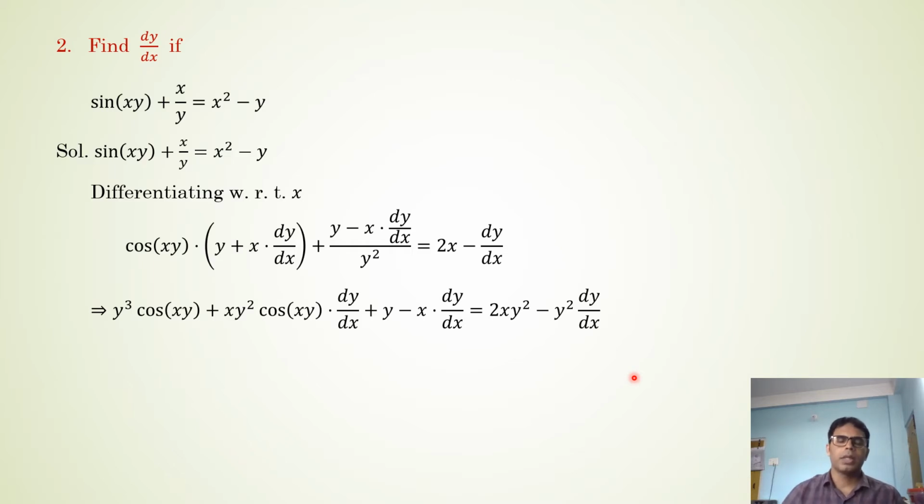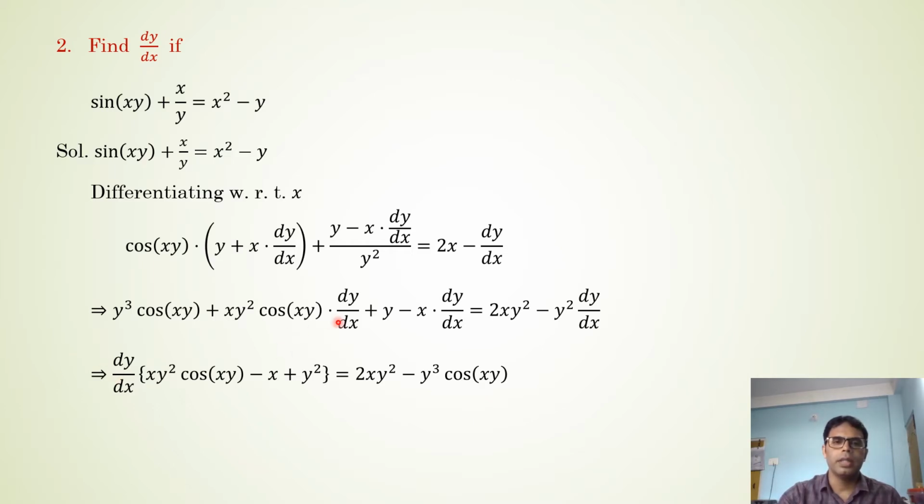After that you just take the terms involving dy/dx on the left hand side. So dy/dx, in this term the term remaining is xy² cos(xy), because dy/dx is taken common.